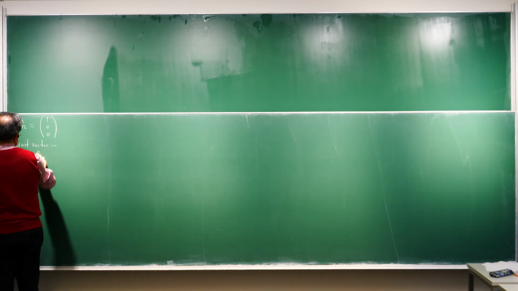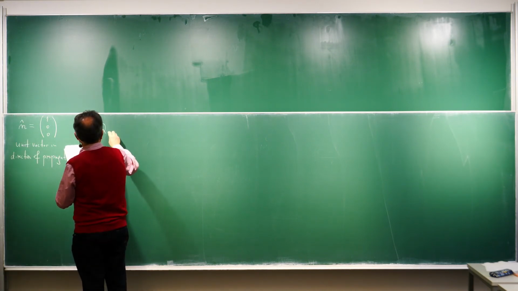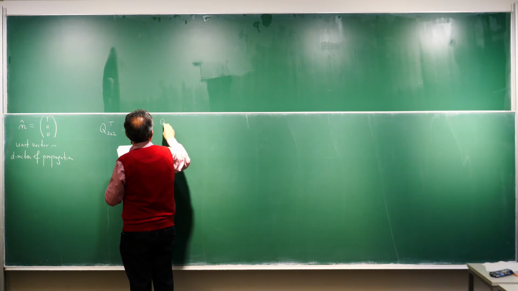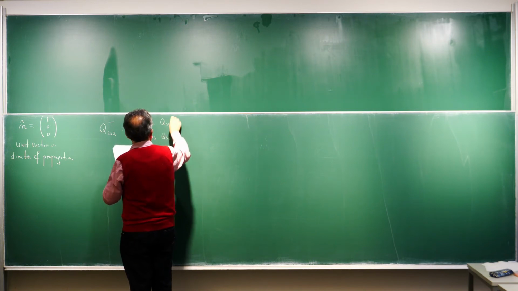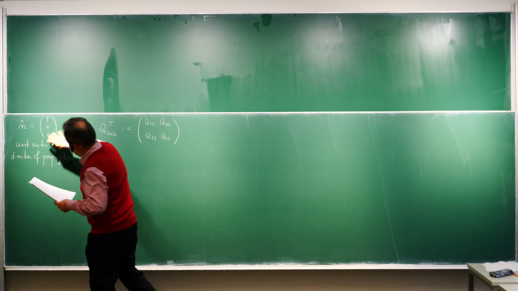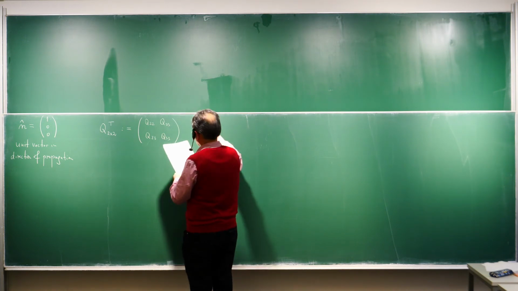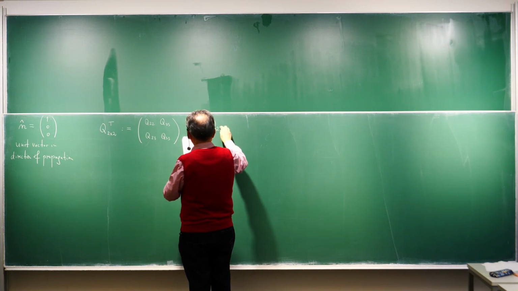Let me define a 2 times 2 matrix, Q_T, with the components Q22, Q23, Q23, Q33, so a symmetric matrix that in a sense is transversal to n, which is entirely defined in the YZ plane, and let me define a transverse traceless version of that.